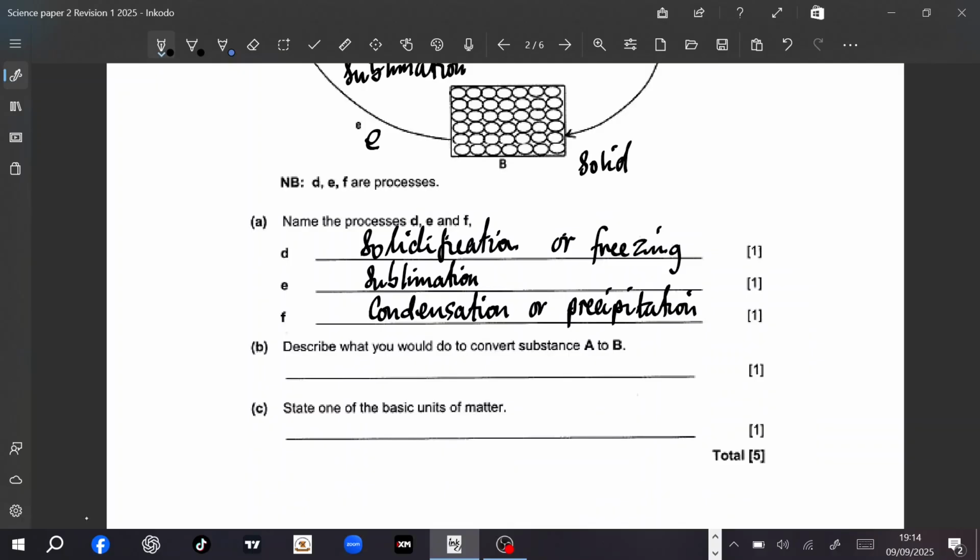So describe what you would do to convert substance A to B, meaning liquid to solid. What can you do to a liquid in order for it to change to a solid? You can cool it.